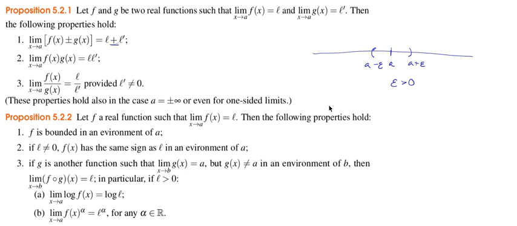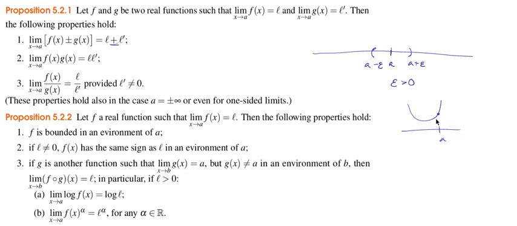The idea is that if f is bounded in an environment of a, that means we can find an epsilon, it doesn't matter how small, for which f is bounded. For instance, think of a function like x squared, as always, and you know that the limit when x goes to a is this.